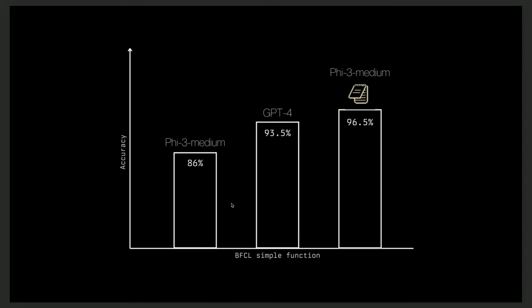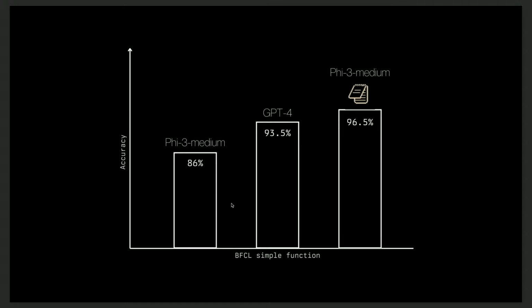It's 86%, which is pretty good for an open model. Phi-3 is actually a pretty good model. When you add structure generation, you get 96.5%. And as a comparison, the best version of GPT-4 on this task gets 93.5% on this benchmark.